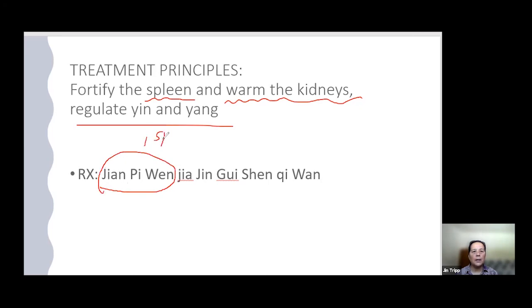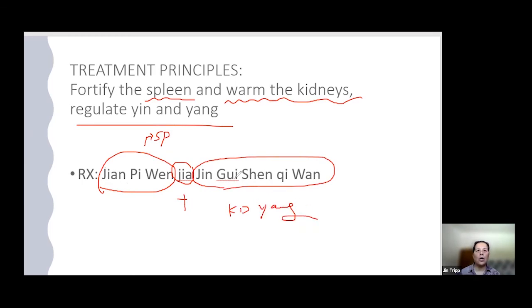Pi is spleen, jian is to tonify or make it strong. And 肾气丸 we're pretty familiar with already, to tonify kidney yang.